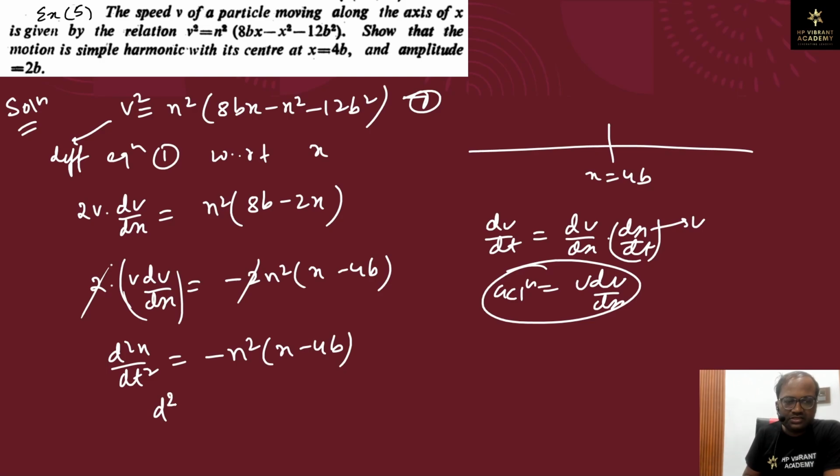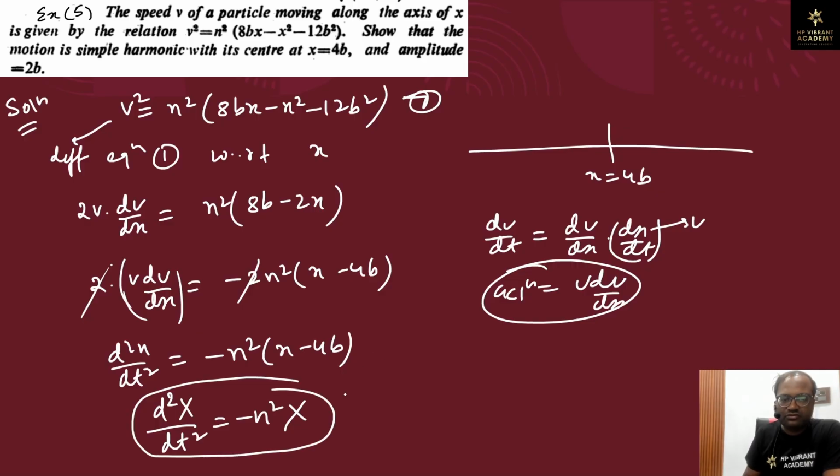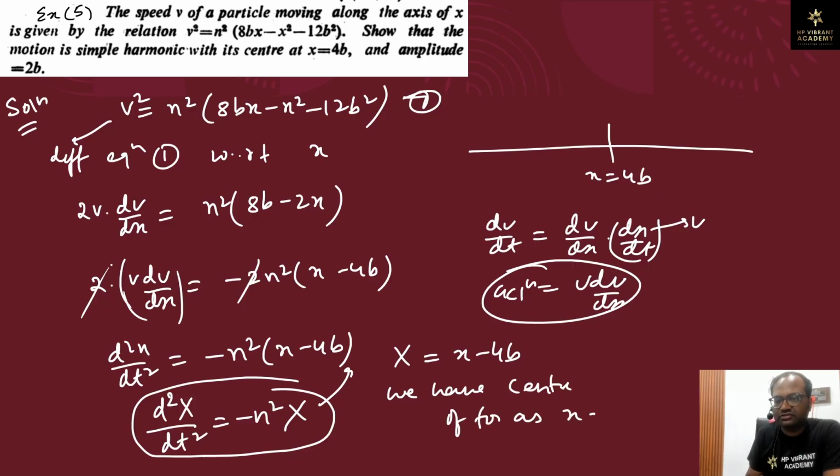So this we can write as d2 capital X upon dt square is equal to minus n square into capital X. So on comparing this, we have capital X is equal to x minus 4b. This means we have center of force as x is equal to 4b. So this is our center of force.